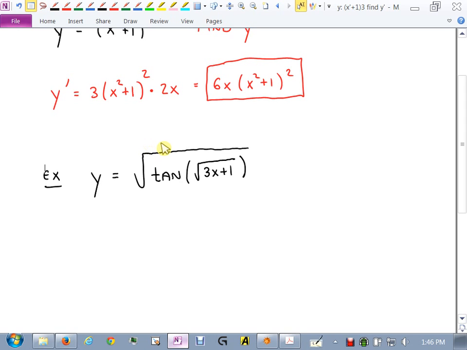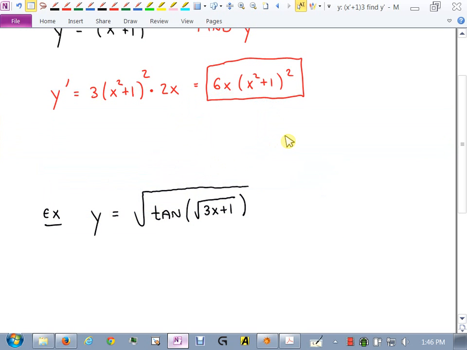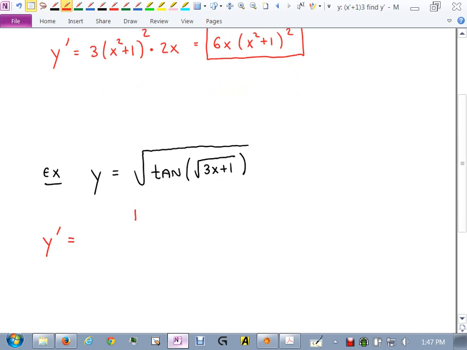So let's see if you can handle the shortcut at this point, because it may be too much. I think this is a good one for the keyboard. Ultimately, the outer one is the square root of the keyboard. So what are we going to have here? 1 over 2 square roots of the keyboard, keeping in mind what the keyboard just was.